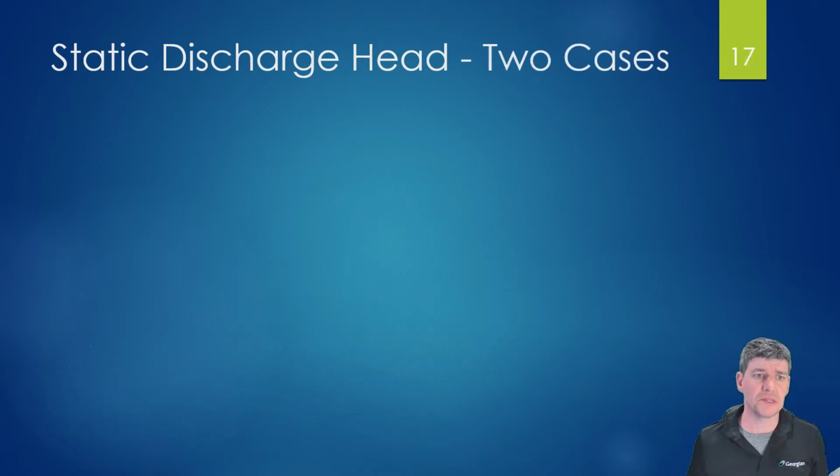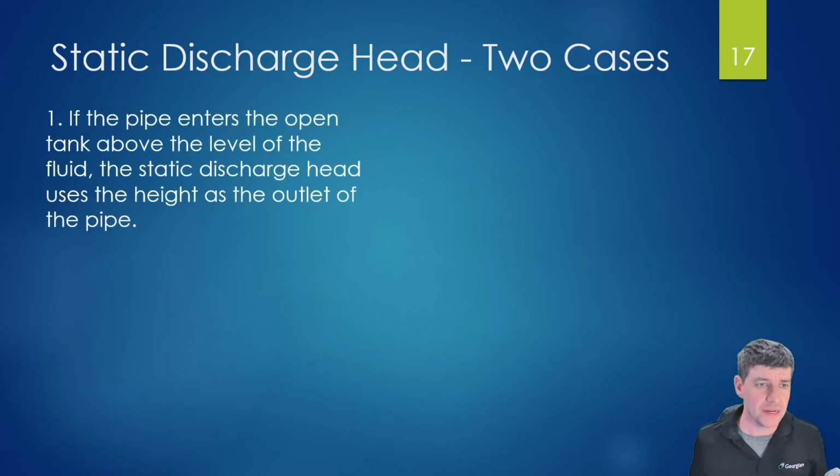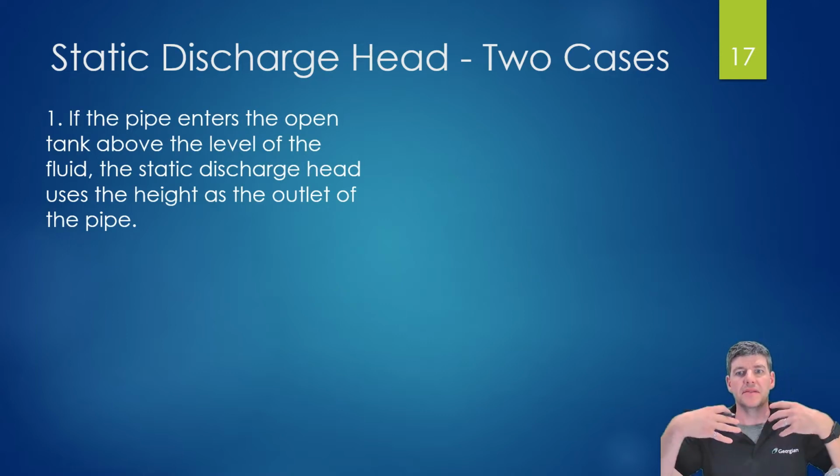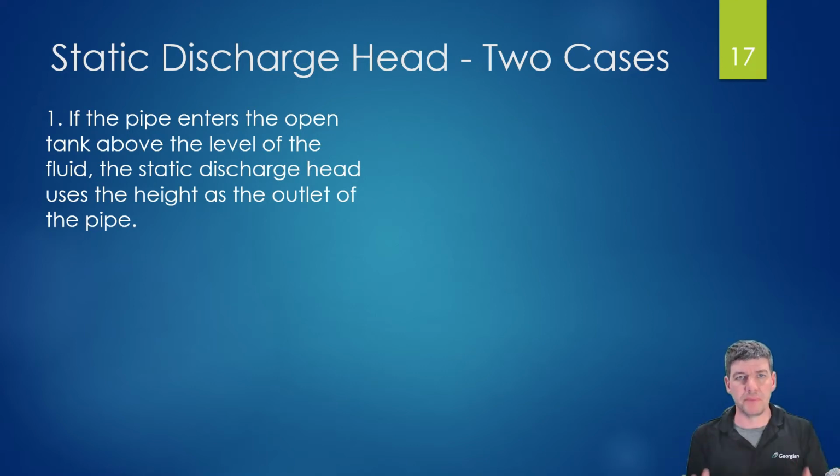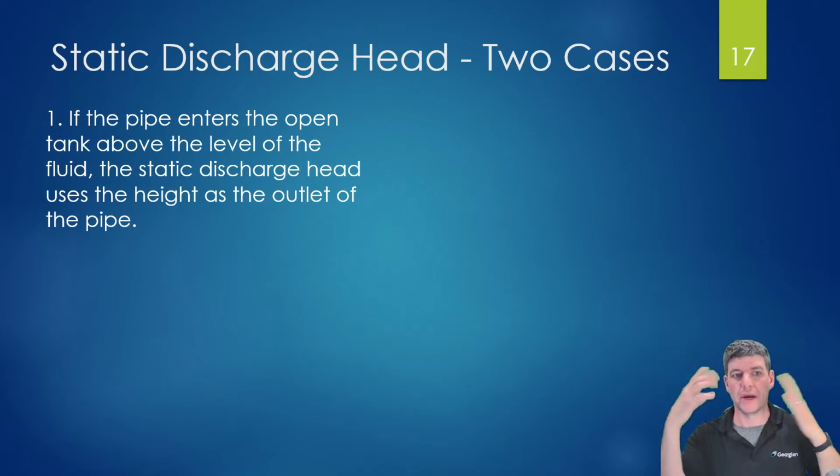Now, there are 2 special cases when it comes to a static discharge head. Okay? It involves where the final fluid ends up leaving the system. So case number 1, if the pipe enters the open tank above the level of the water. So we have water that's entering into the tank above the water level.